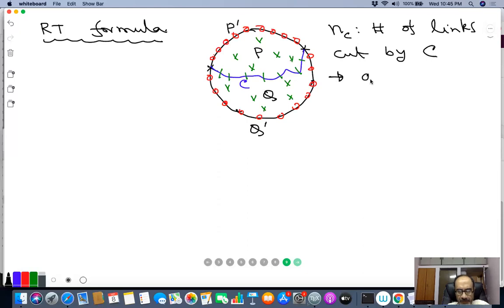This is what we will define as the area of C. Of course, because we are considering AdS3, area is really a length, and minimal area will correspond to a geodesic. But let's call this the area of C. It would be an area if you were considering AdS4, but in AdS3 area is replaced by length. So in the Ryu-Takayanagi formula, this NC will play a role.